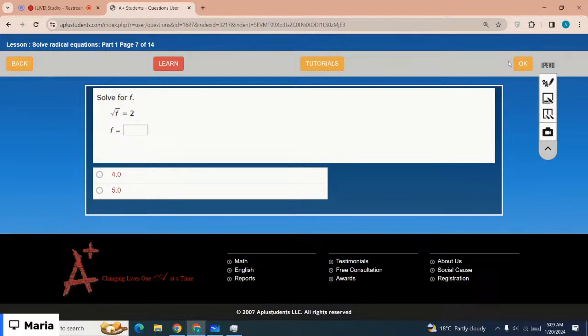The correct option is f equals 4. Option number 1 is the correct option.